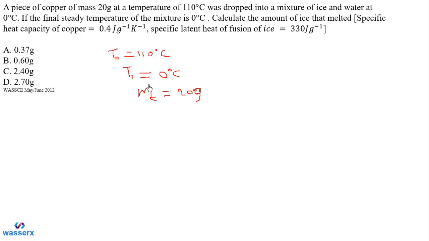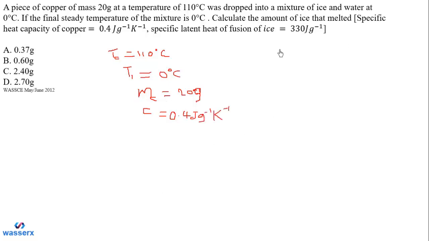Then we're given the specific heat capacity of copper, C, to be equal to 0.4 joules per gram per Kelvin.